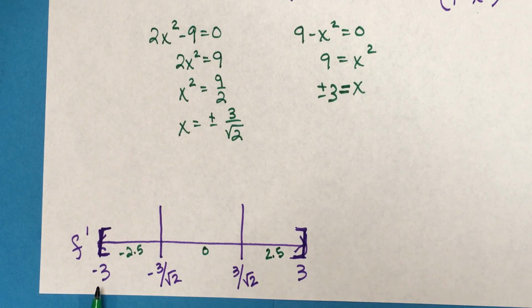Okay, so from the -3 to the -3 over square root 2, you'll actually get a negative value there.